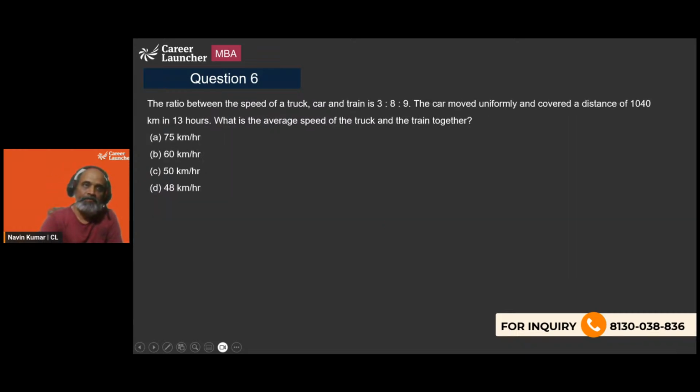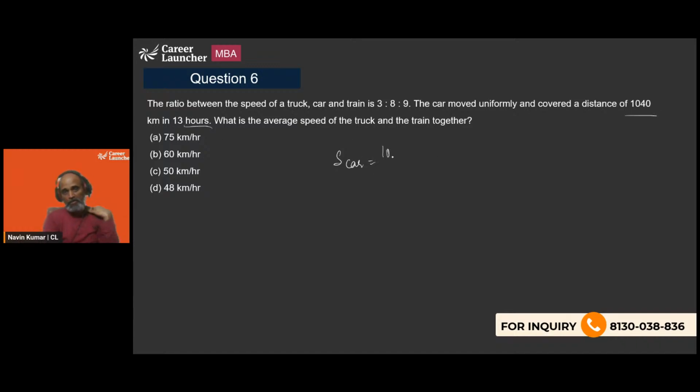Okay, next. The ratio between the speed of truck, car and train is 3:8:9. The car moved uniformly and covered a distance of 1040 kilometers in 13 hours. What is the average speed of the truck and the train together? So what is the speed of the car as per the data given?